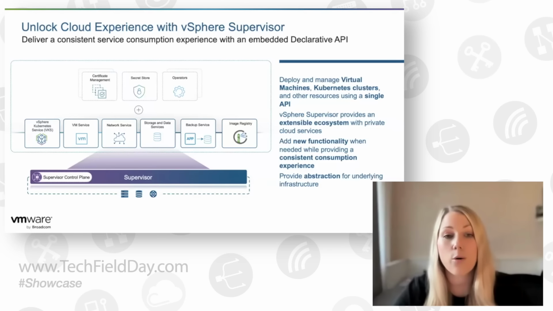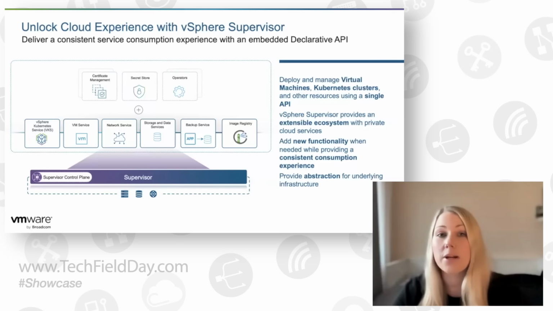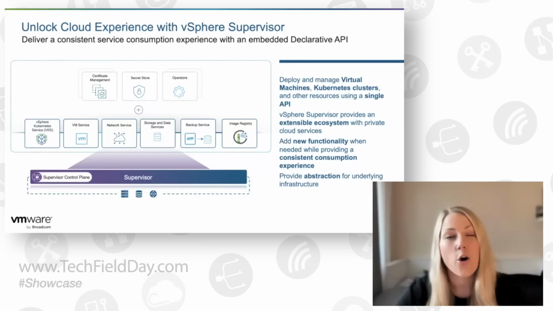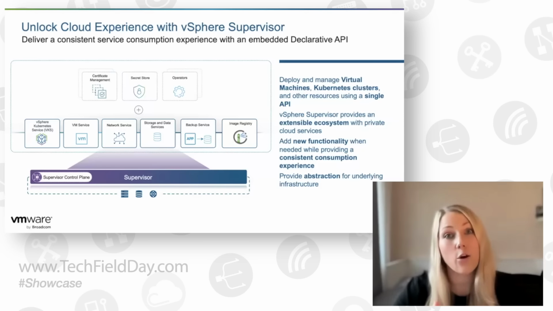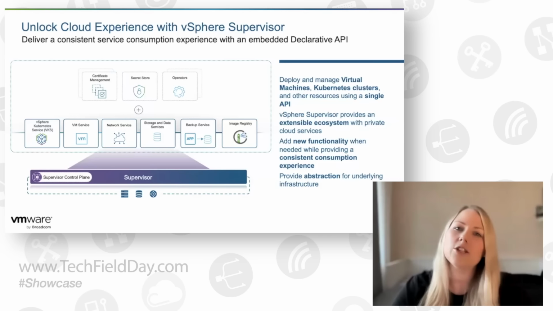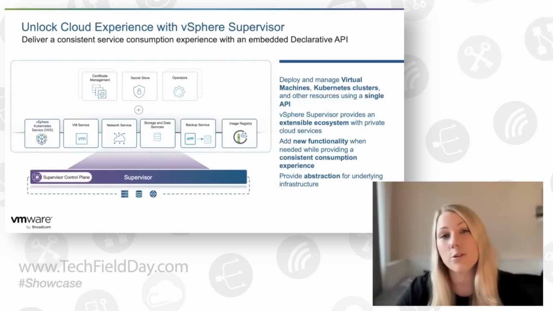So whether you are deploying virtual machines, Kubernetes clusters, containers, or any other services that you would need. Because for your applications, you may need a load balancer. So we do have a network service that comes in a platform. We also have volume service if you need to be deploying any persistent volumes, but also additional services. For example, if you want to store your containers in a private image registry, deploy Harbor on our platform.